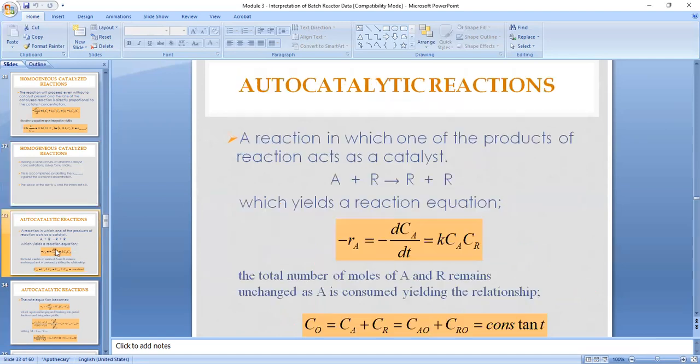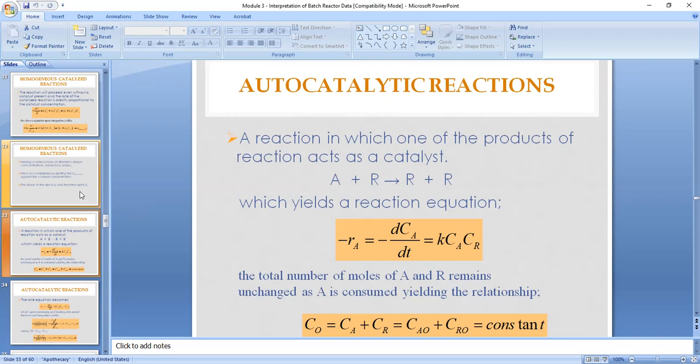After homogeneous catalyzed reactions, since we're talking about catalysts, we'll go to autocatalytic reactions. So what are these reactions? These are reactions in which the product has a catalytic effect on the reaction, or the product itself of the reaction acts as its catalyst.